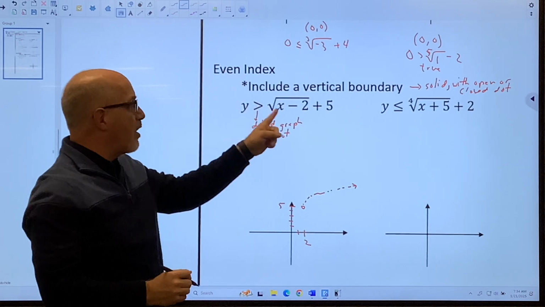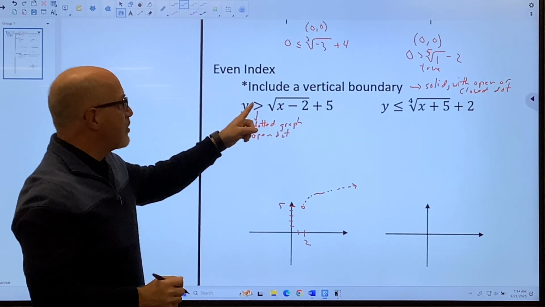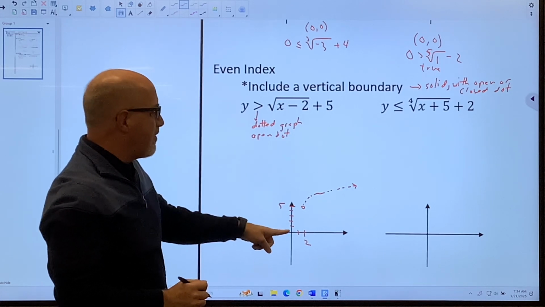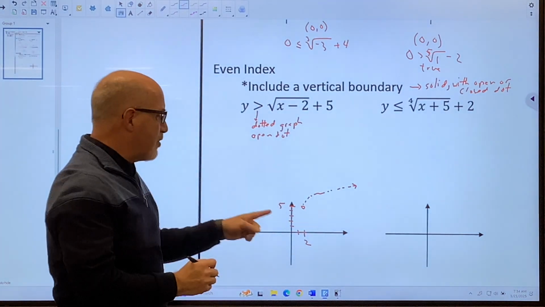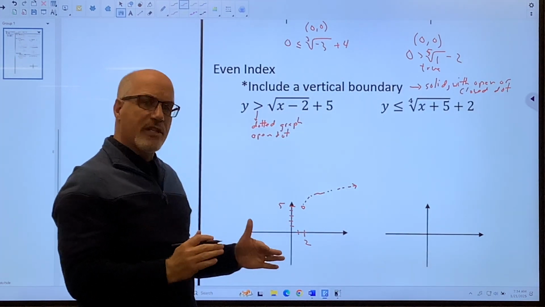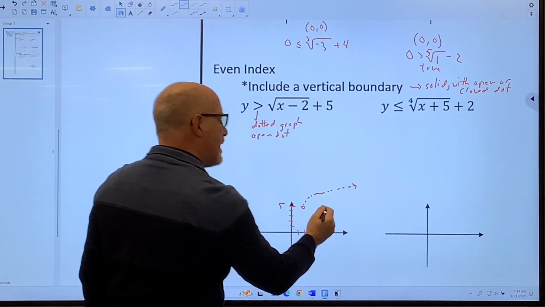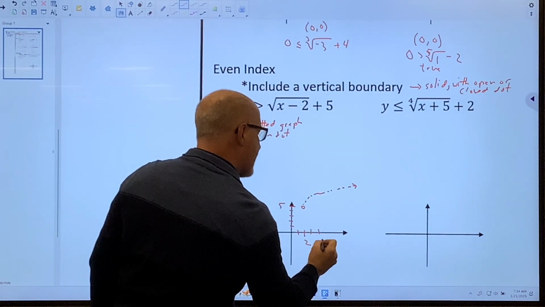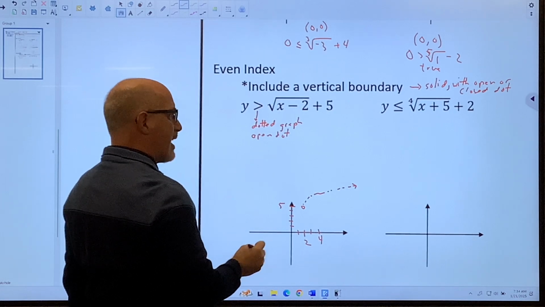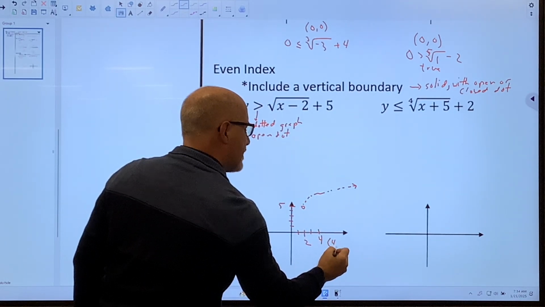If you put in 0, 0 and you graph this one, it's going to be a false statement, but 0, 0 isn't even above or below the graph. So 0, 0 is not a good point to test because it's over on this side of the graph. I would have to test a point either up here or down here. Like if I tested the point 4 for x, this would be the point 4, 0.